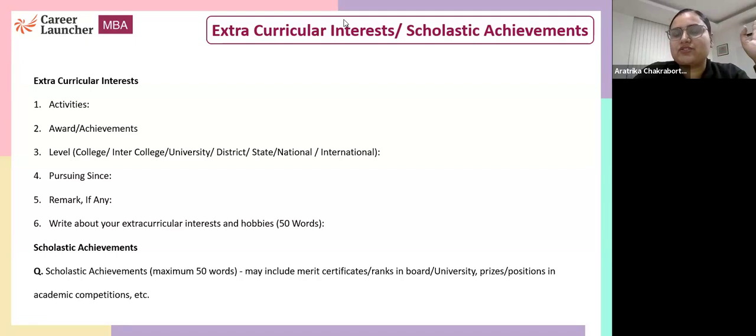If you have won 10 competitions, pick the best 3 which will fit into this journey of MBA. If you have won some kind of dance competition, or any competition which is not that relatable, skip it.